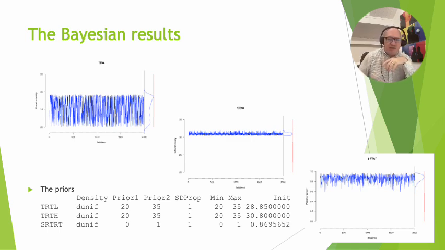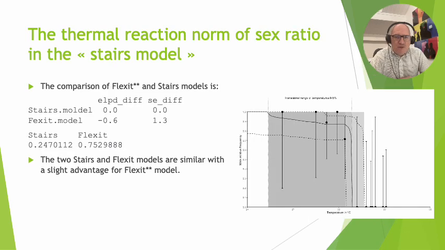The thermal reaction norm. You see here the comparison using WAIC and WAIC weight, the comparison of the Flexit and stairs model with the West Atlantic data for Lepidochelys olivacea.